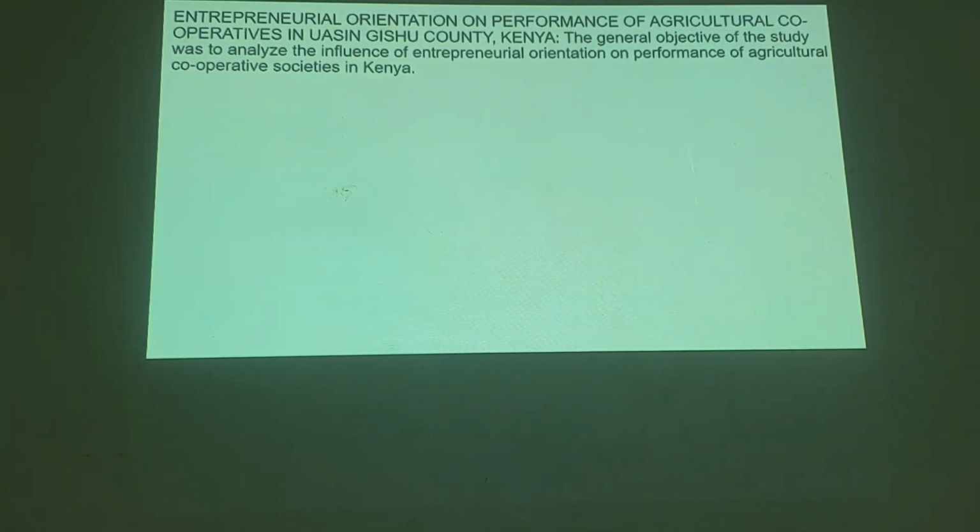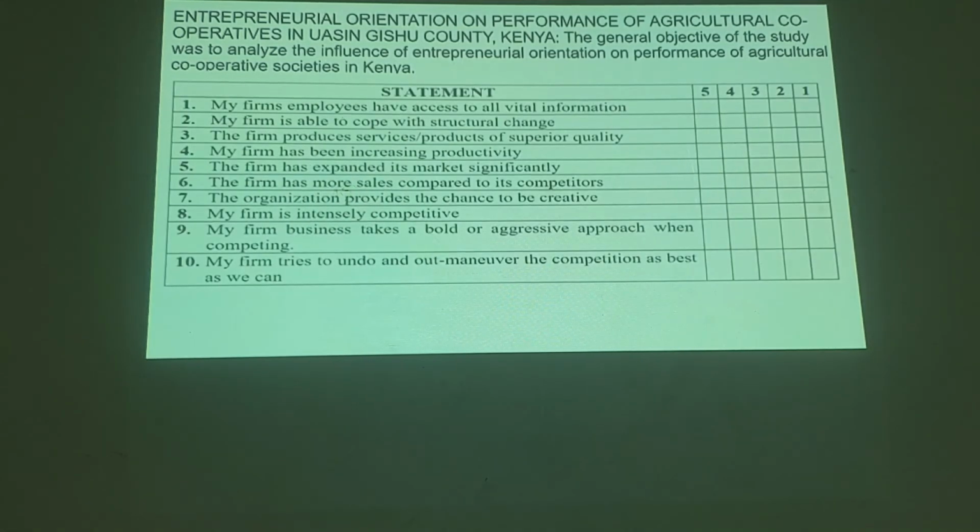And here, the general objective was to analyze the influence of entrepreneurial orientation on performance of agricultural cooperative societies in Kenya. And this is what I captured. Part of the Likert scale questions that were asked.